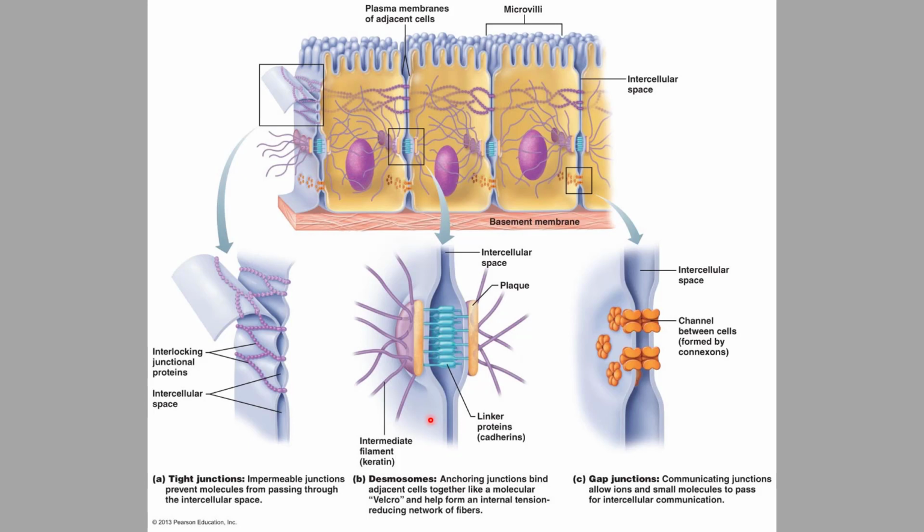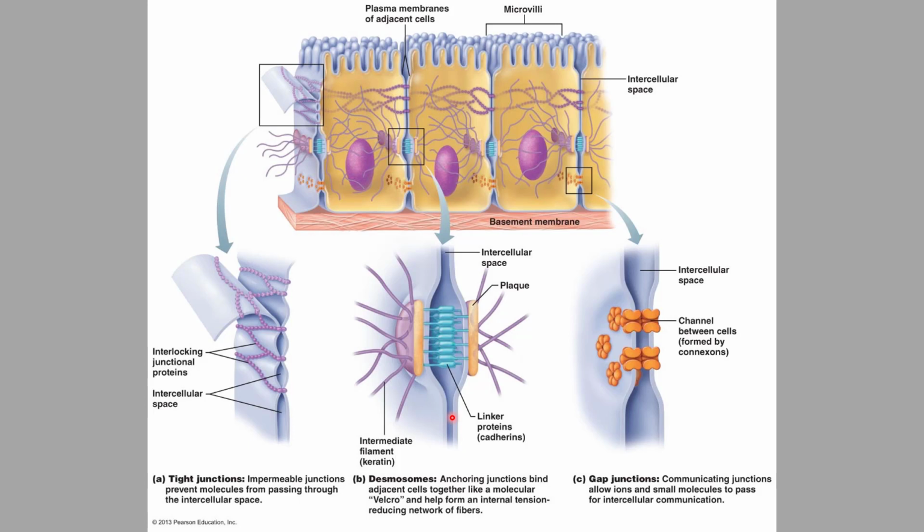Next, we have something called desmosomes, or sometimes they're called anchoring junctions. Very similar to tight junctions. These are very strong, except they're not so tight together. There's a little bit of space in between. I like to tell people, think of if you've ever been on a boat and you pull up to the dock. You throw the rope over to the dock, you tie it off to the dock.